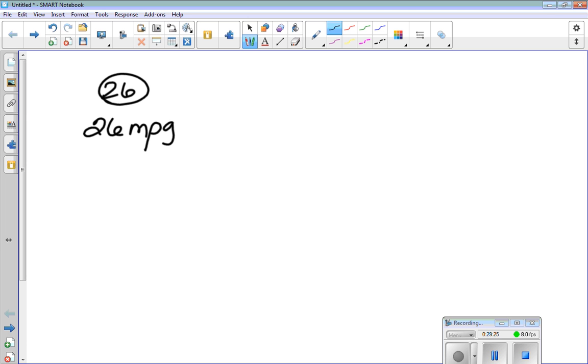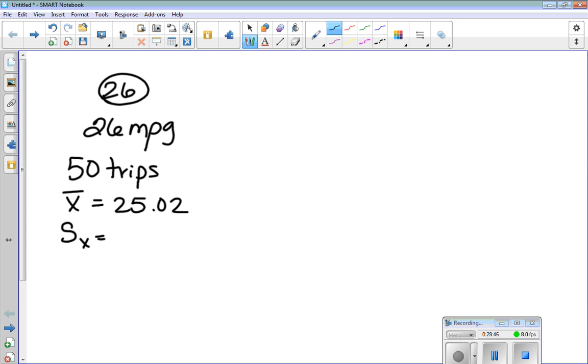To see if this goal is being met, they check gasoline usage for 50 company trips and find a mean of that sample to be 25.02, with the standard deviation of that sample to be 4.83 miles per gallon. And it says, is there strong evidence that they failed to attain their goal?